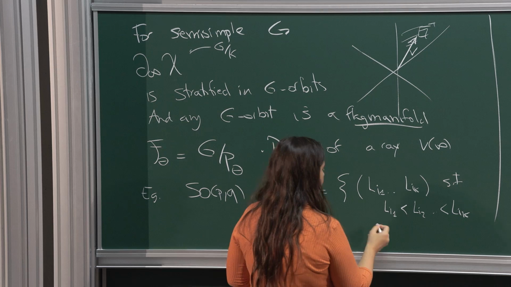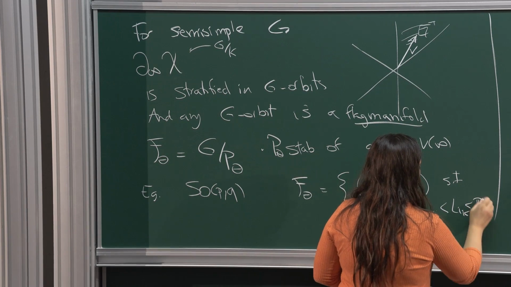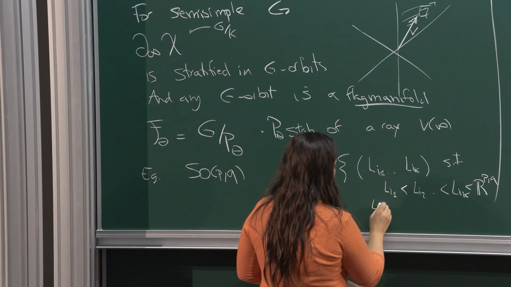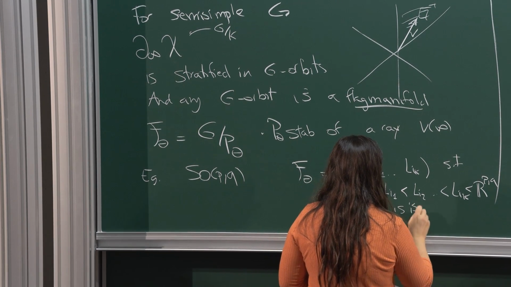So these are linear subspaces of R^{p,q}, and each L_i is isotropic.